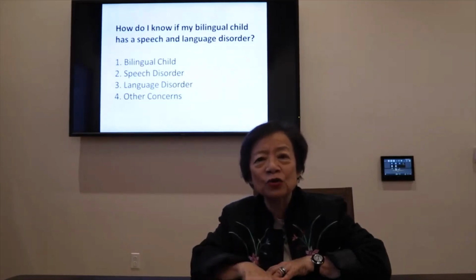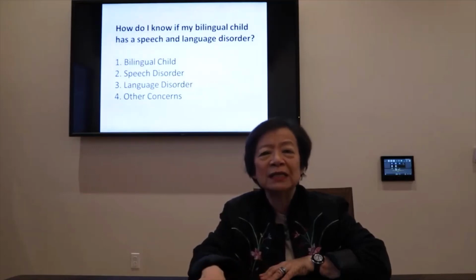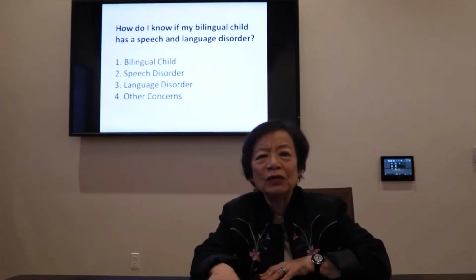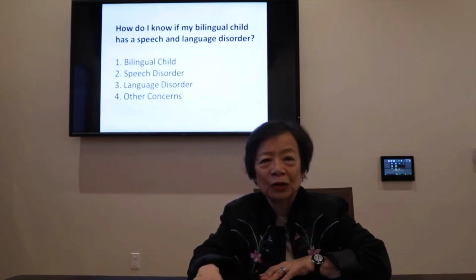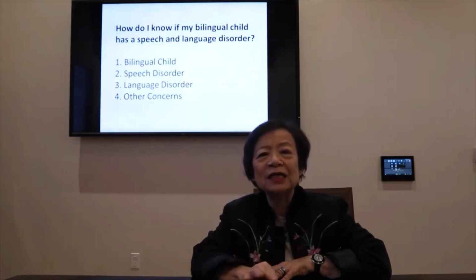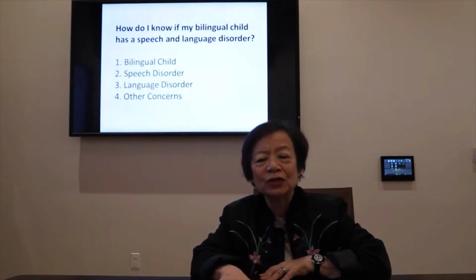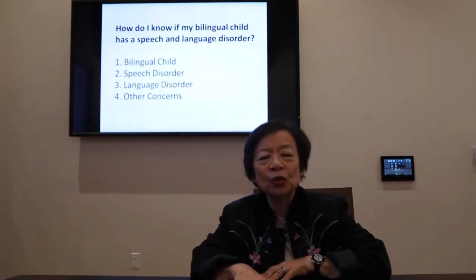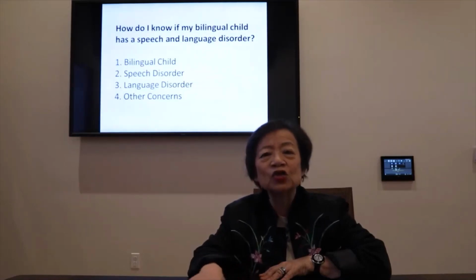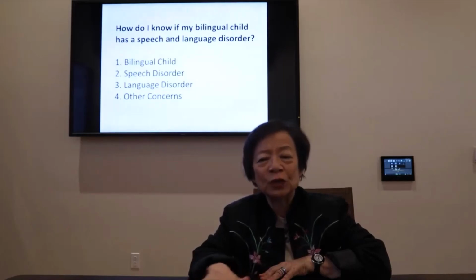So that's called code switching or code mixing. Most bilingual individuals do that naturally. So if a child is exposed to 2 languages at home, this is what he or she is experiencing: 2 languages plus language mixing and language switching and code switching.